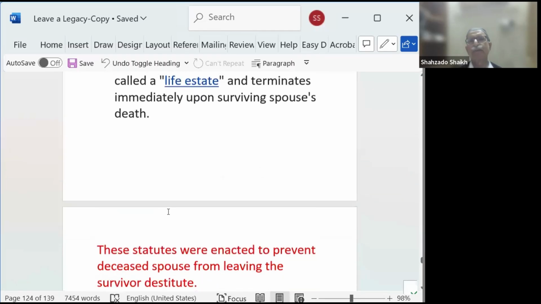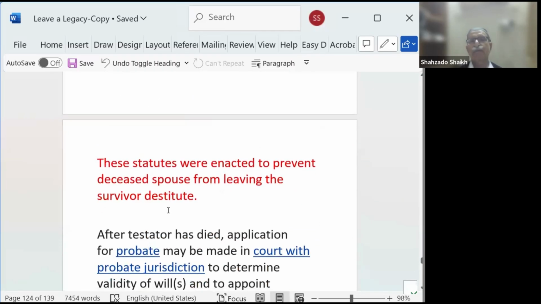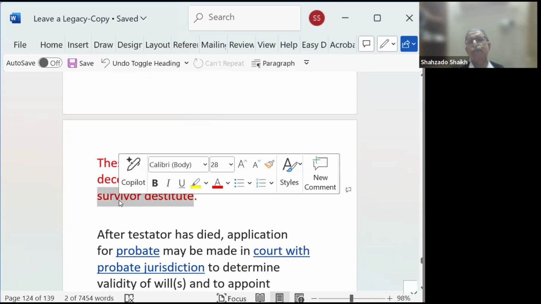But people don't know. In many cases, they don't know these provisions of law. These statutes were enacted to prevent the deceased spouse from leaving the surviving wife or husband destitute. Law does not want the spouse, after the death of one partner, to go destitute.